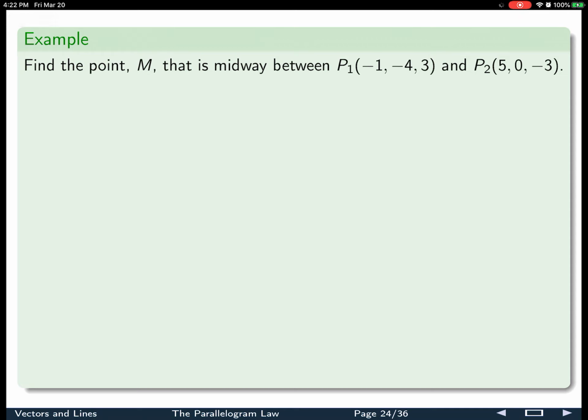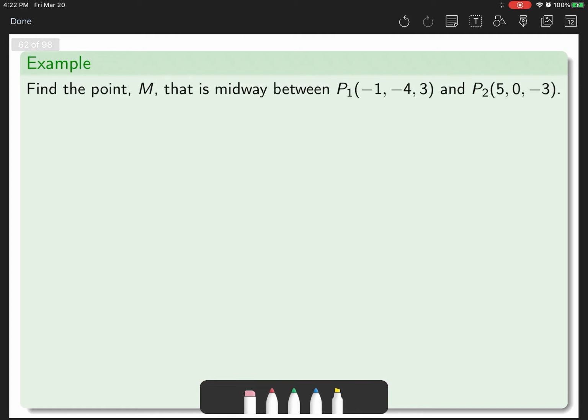All right. If we'd like to find a midpoint between 2 points, P1 and P2, first we could create the vector that goes from P1 to P2. Let me draw, sorry. P1, P2.